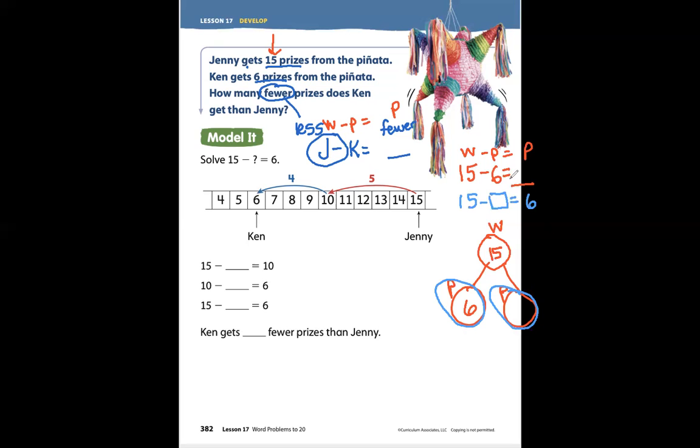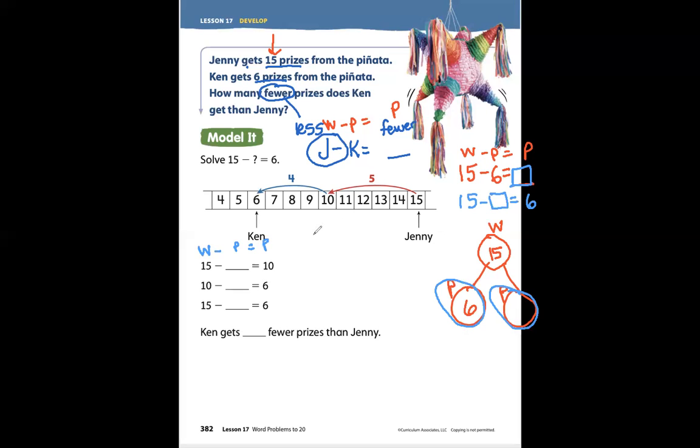So moving that 6 part over here and that blank part right there. So swapping those, but our whole stays in the same position. So we can do it either way. Okay, let's label this blank minus whole minus a part equals a part.